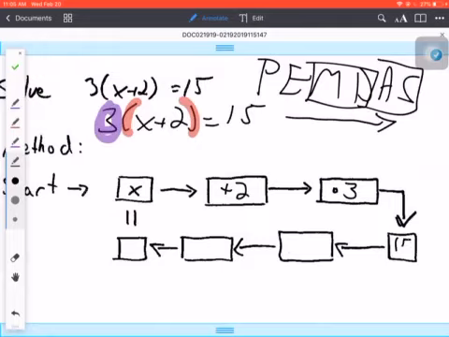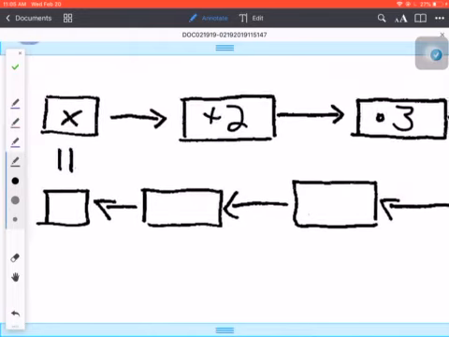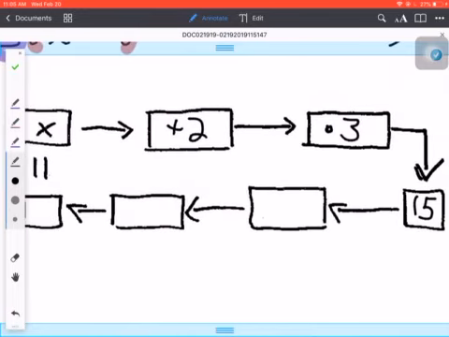And that equals 15. Remember, as we go through this bottom section of the box method, we always want to be looking at what's above it. So in this box here, we want to look in this box and see how can we undo it. So to get rid of a times by 3, we divide by 3.